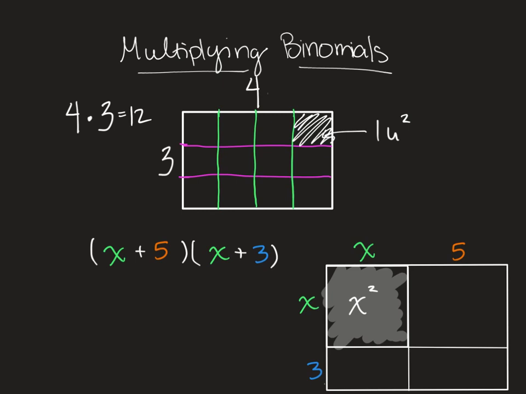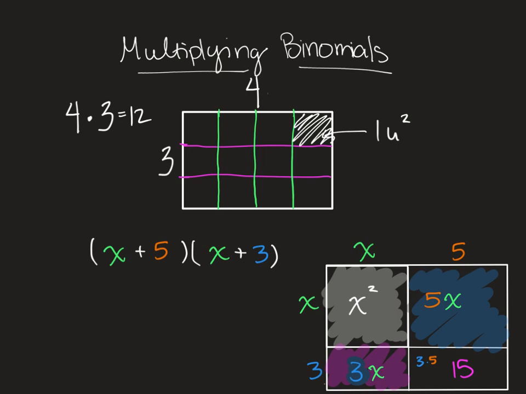This second rectangle over here would give me a value of 5x because I have 5 multiplied by x. Down here, we'd have a value of 3x. Oops, wrong thing, sorry. And then over here, we'd end up getting 3 times 5, which is the same as 15.